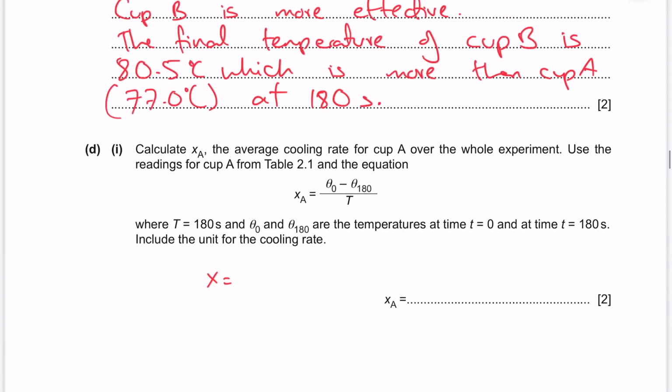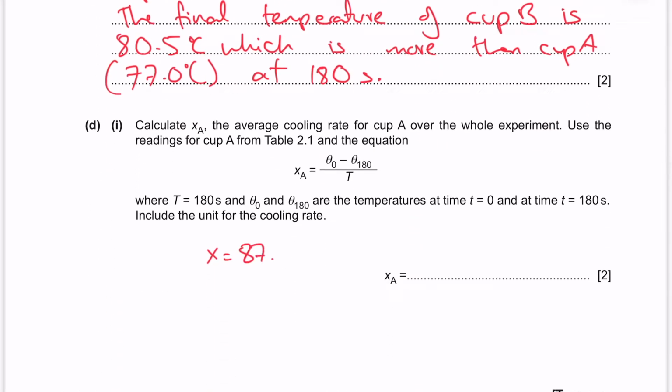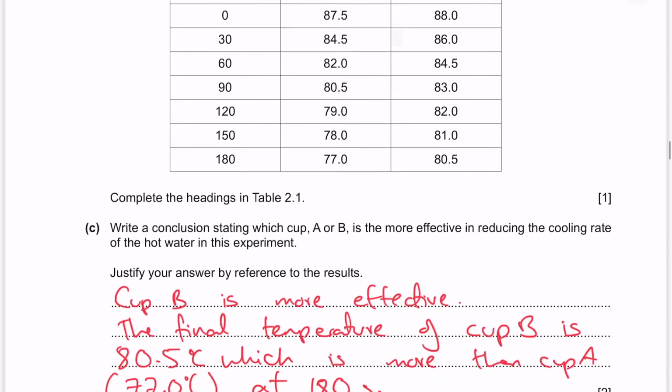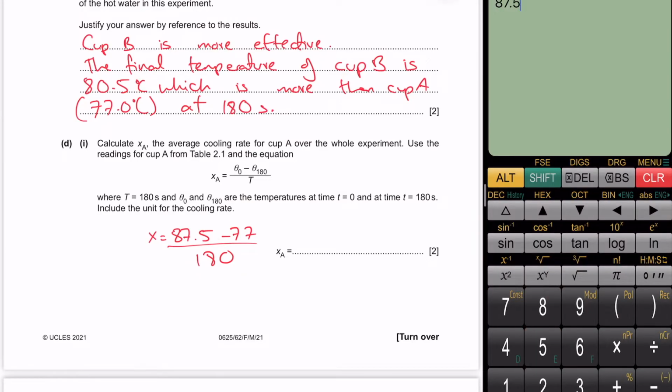So at 0 it is 87.5, at 180 it's 77, divided by 180. So 87.5 minus 77 divided by 180, so 0.0583, we can write it as 0.058.